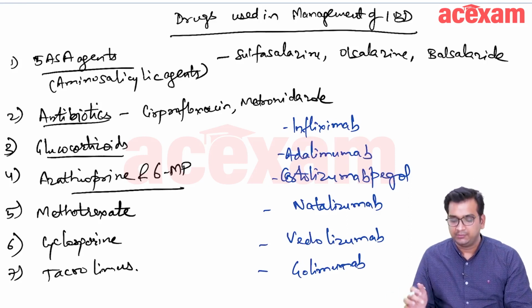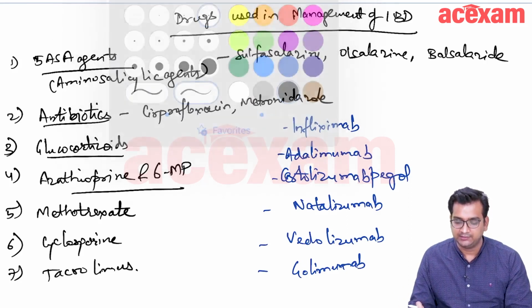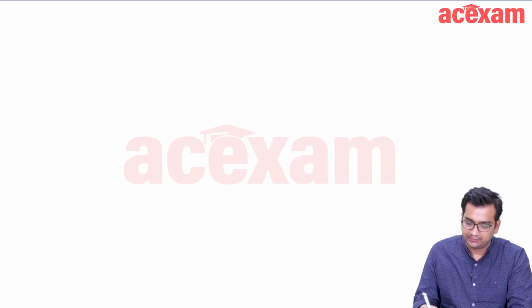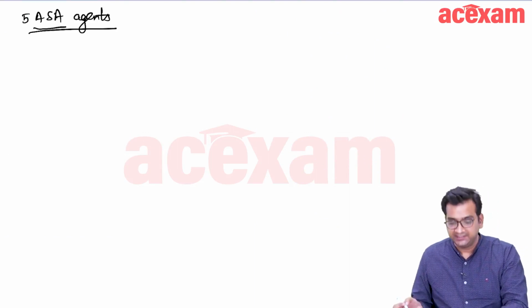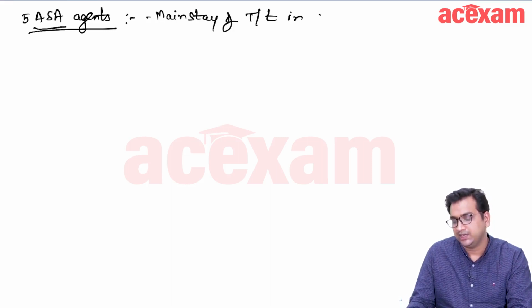Okay, now first of all I am going to discuss the 5 ASA agents. So I will first start with the 5 ASA agents, or the aminosalicylic acid agents. They are the mainstay of treatment in both ulcerative colitis and Crohn's disease.